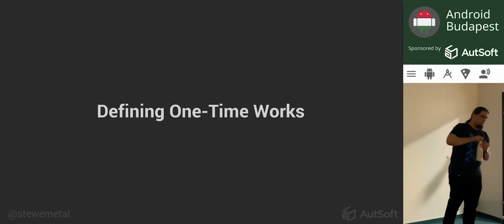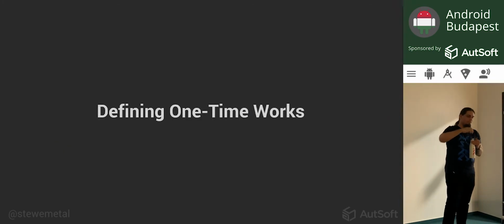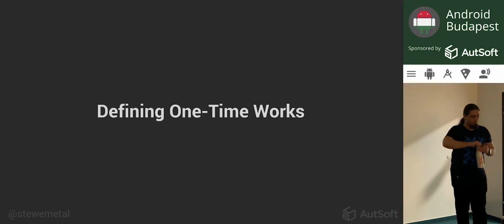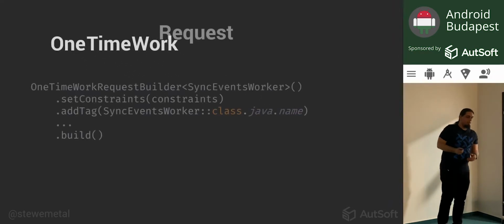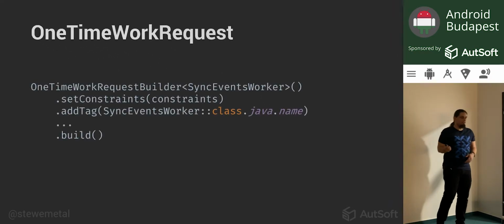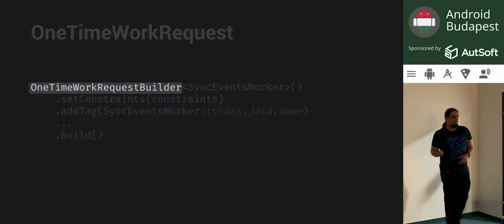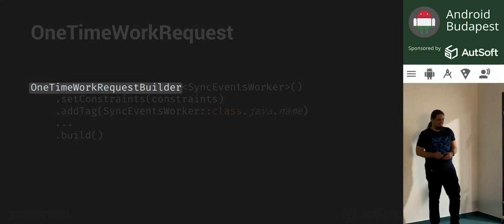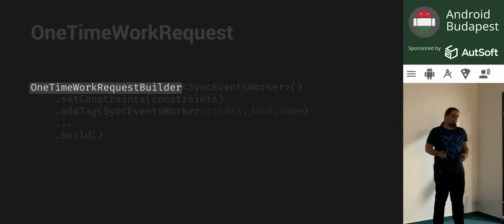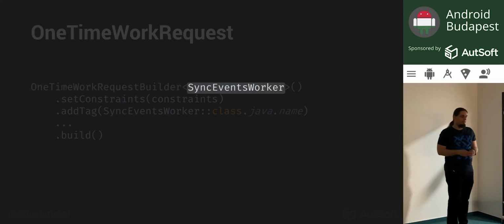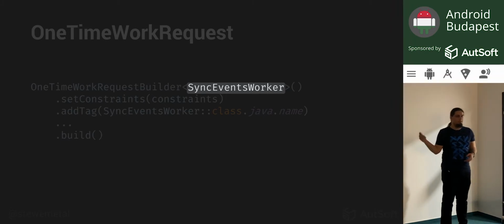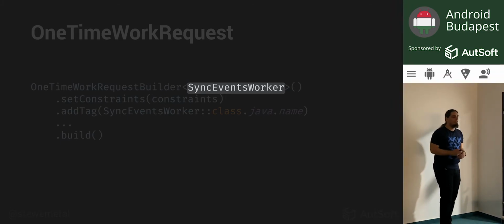Okay. The next thing is defining one-time works. In order to define one-time works, we have to use the OneTimeWorkRequestBuilder. Yeah, everything is a builder in WorkManager. Next we have to pass it a type parameter, which will be the SyncEventsWorker we defined before.